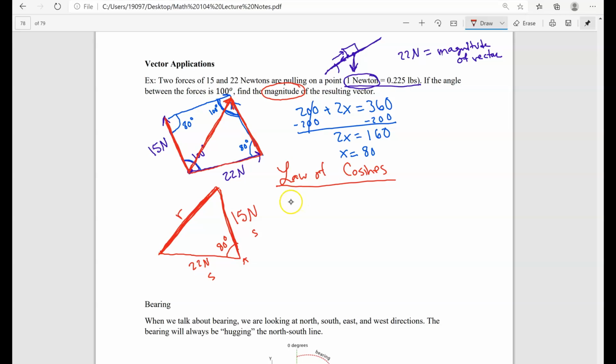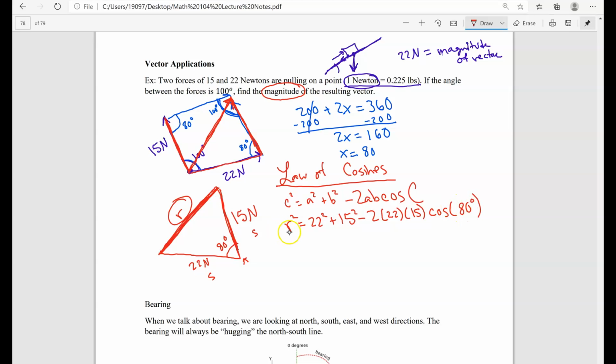So I'm going to have c squared equals a squared plus b squared minus 2ab times the cosine of c. So this c in this case is going to be this r. So you have r squared is equal to a squared, that's 22 squared, plus 15 squared, minus 2 times 22 times 15 times the cosine of 80 degrees.